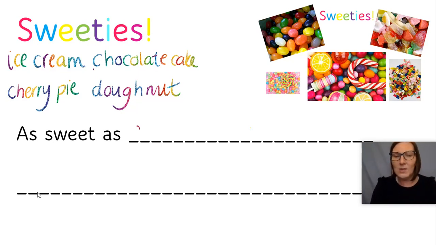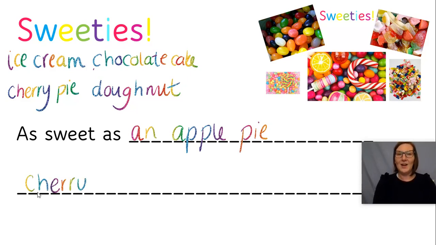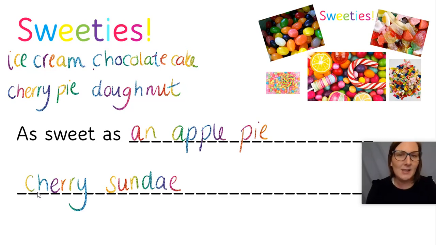So I thought as sweet as an apple pie. And as sweet as a cherry sundae. Now, a cherry sundae is lots of different ice creams all put together in a big sundae glass. And sometimes it'll have sauce on, and then maybe a cherry on the top, and some popping candy and crunchy nuts and things like that. Sundaes are just the really tall ice creams.